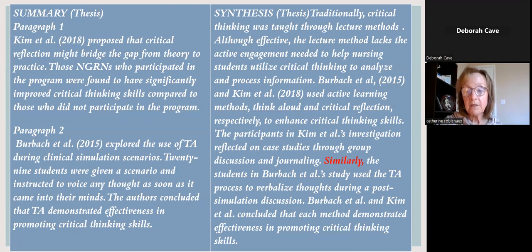Another important thing to consider when synthesizing is the use of transition words that help the reader to understand the relationships or differences that you're trying to show among ideas or the connections between sentences, paragraphs, and sections of the lit review. For example, the use of the word similarly to indicate the similarities between these two studies.